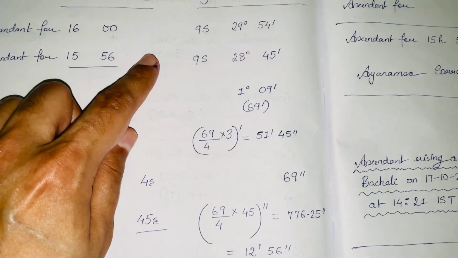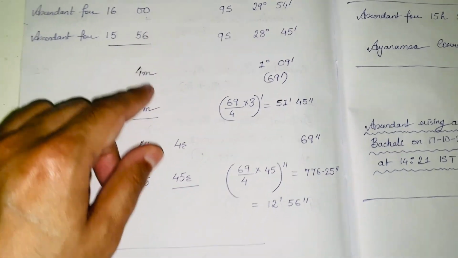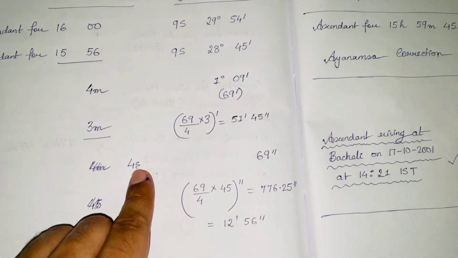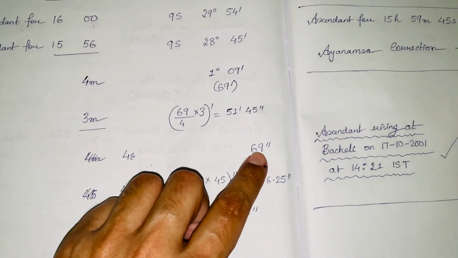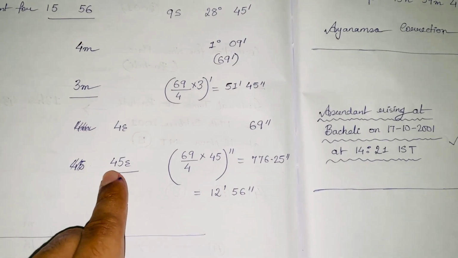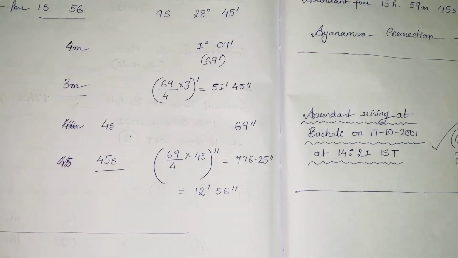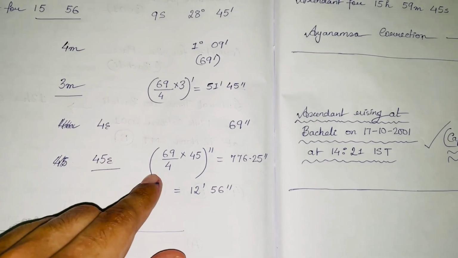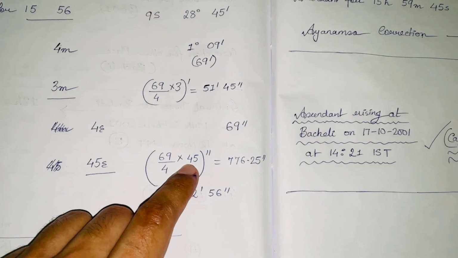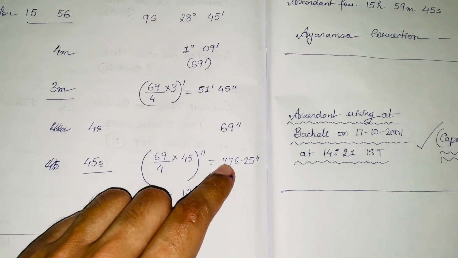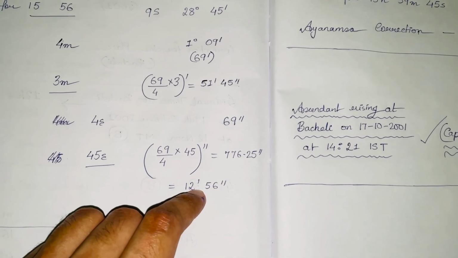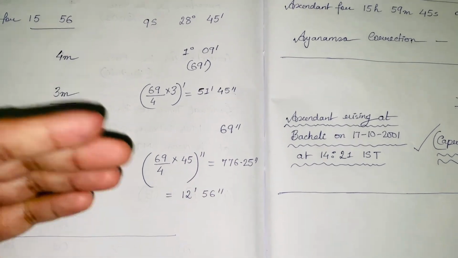Similarly, now I have to calculate for 45 second. Now 4 minute is equal to 69 minute, so we write it as 4 second is equal to 69 seconds. 45 seconds will again be a ratio and proportion method: 69 divided by 4 into 45 seconds, which is 776.25 seconds, which is 12 minute and 56 seconds, rounding it off.